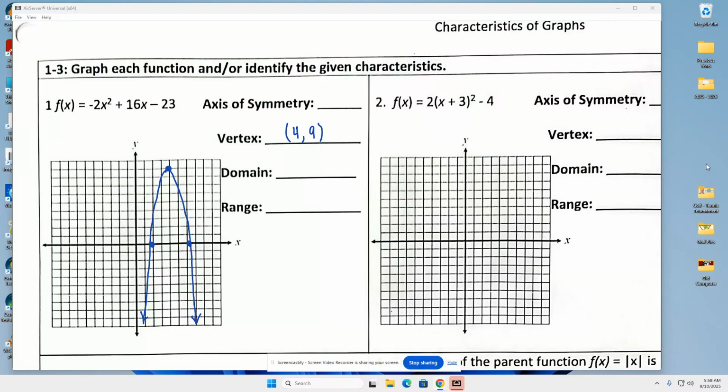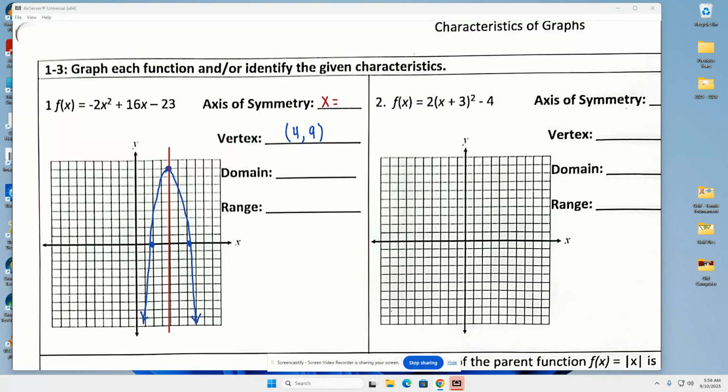So first, let's start with axis of symmetry. I talked about that yesterday with both classes, and I also talked about this a lot when we were covering it. Remember, the axis of symmetry is the vertical line that goes right through the vertex. Your axis of symmetry is always going to be an equation: x equals the x value of your vertex, always.